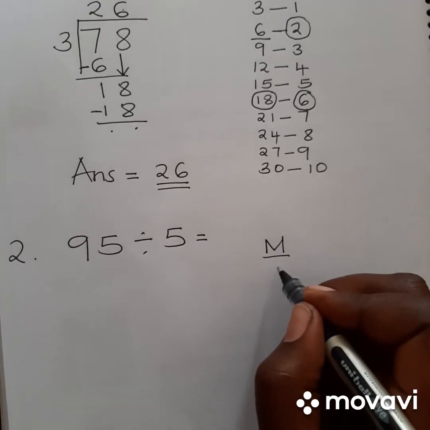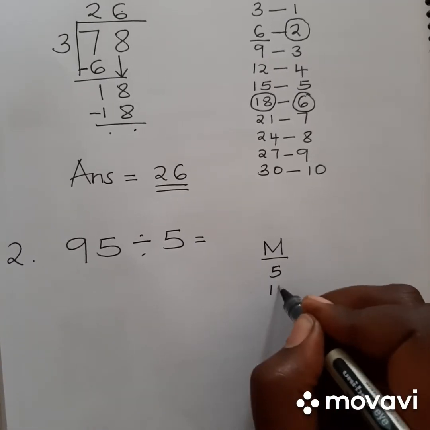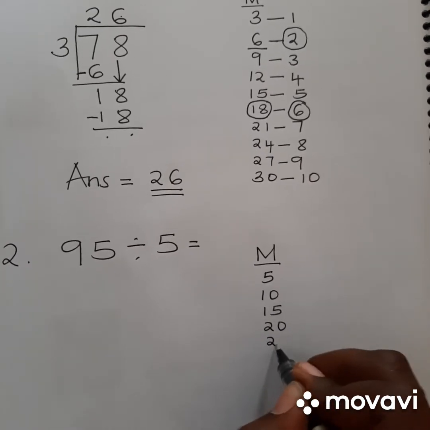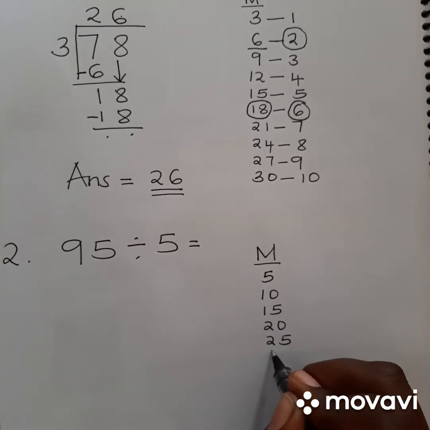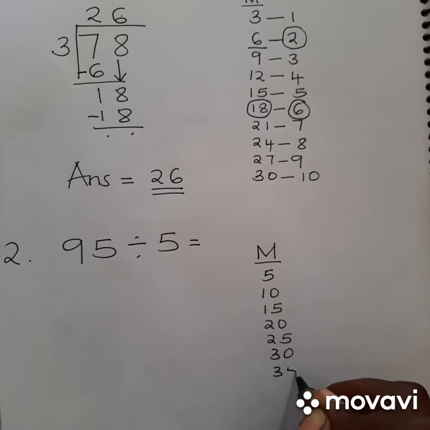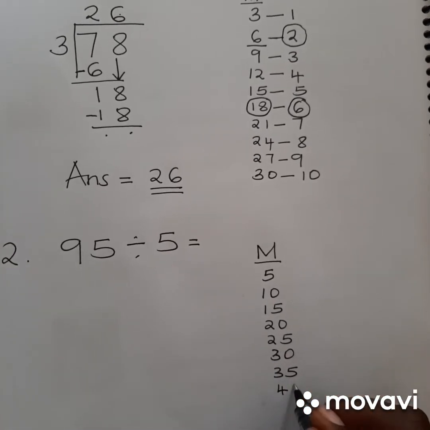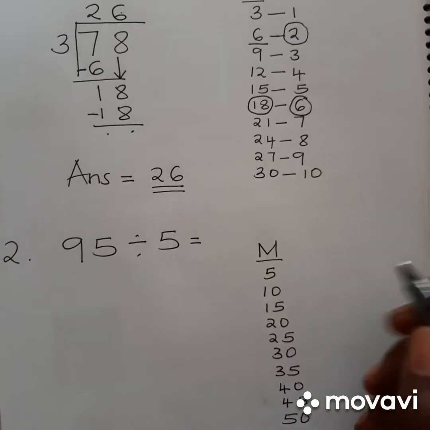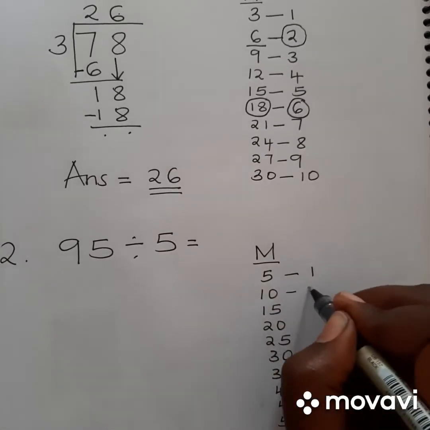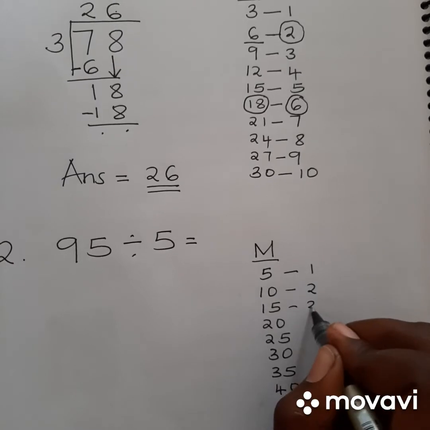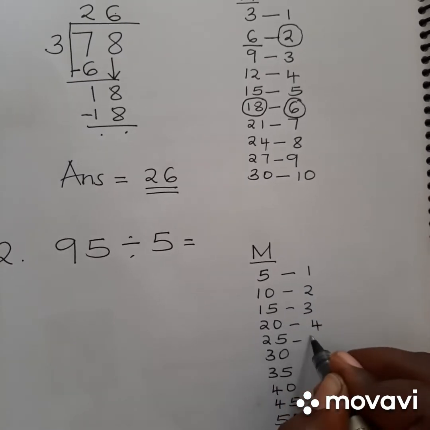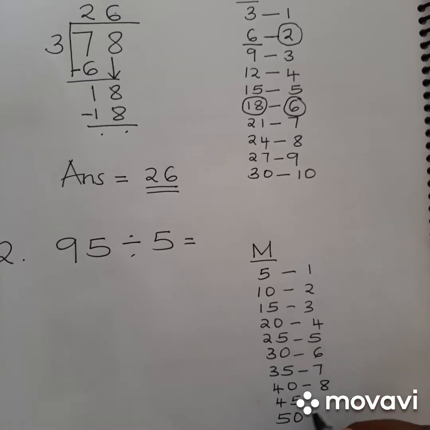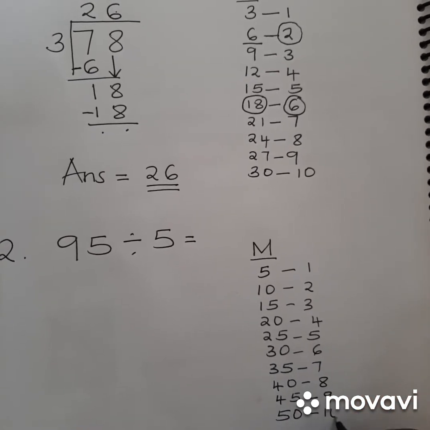So the first one is 5, 10, 15, 20, 25, 30, 35, 40, 45, then 50. So this means 5 times 1, times 2, times 3, times 4, times 5, times 6, times 7, times 8, times 9, times 10.